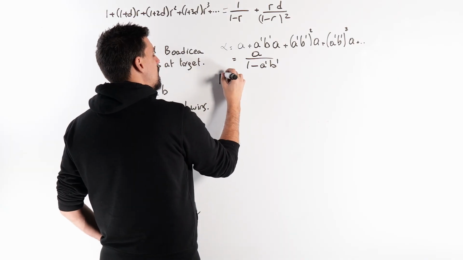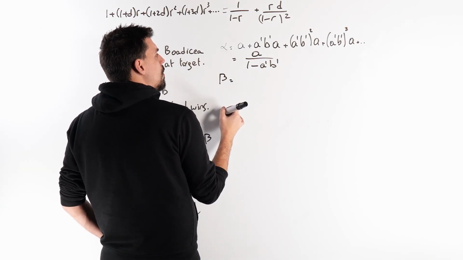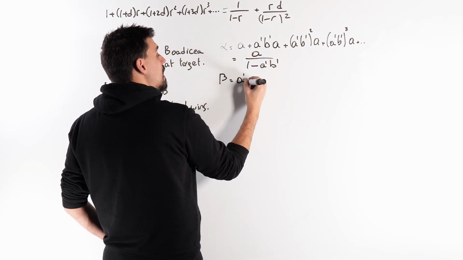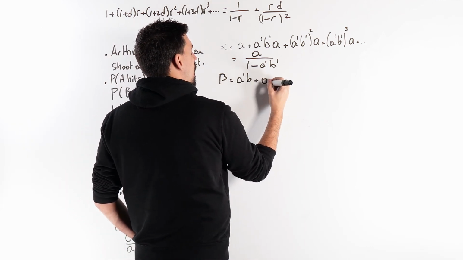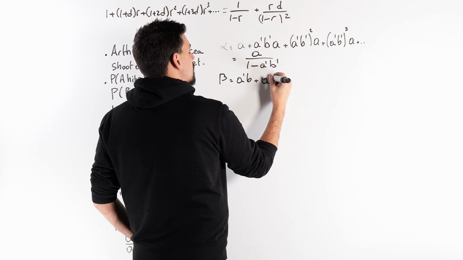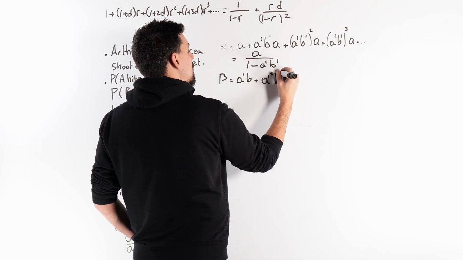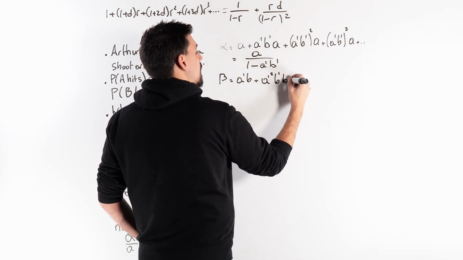Now for B to win, beta. Well, what needs to happen? Well, A needs to miss, then B hits. Then A needs to miss the next one as well, needs to miss 2. B needs to miss 1, and then B hits.